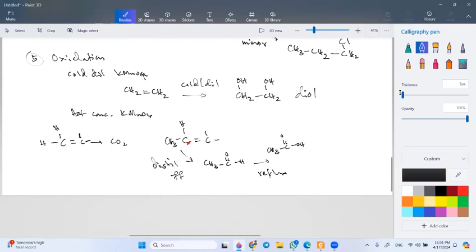If there are two alkyl groups attached to the double bonded carbon, right? Then what happens? A ketone would be produced, CH3COCH3. These are the three products. Please remember that. Right? So the products depend on the types of the groups attached to the double bonded carbon.